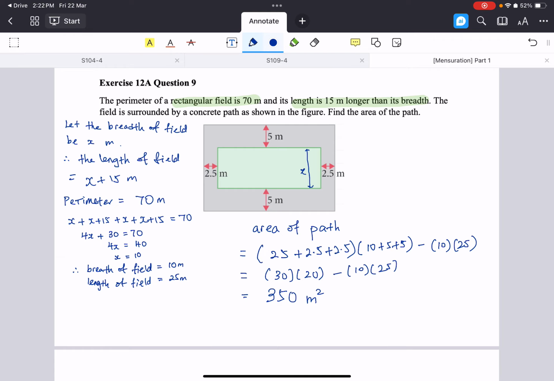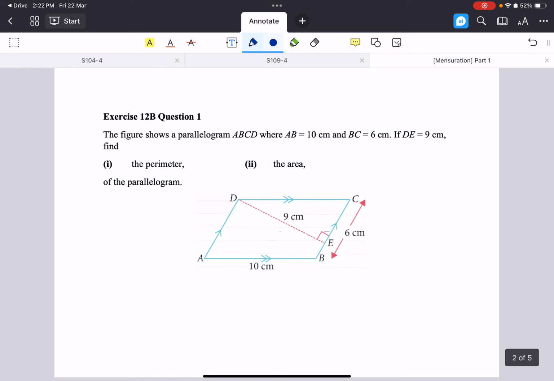Let's move on to the second question. Exercise 12B, question 1. Over here we have a parallelogram and dimensions are shown. We want to find, first of all, the perimeter followed by the area. To find the perimeter, we just need to add up the length of the outline. So perimeter equals 10 plus 6, and we multiply this by 2, which will give us 32.